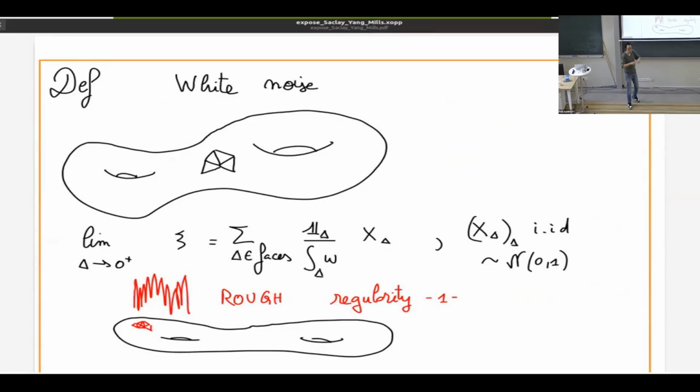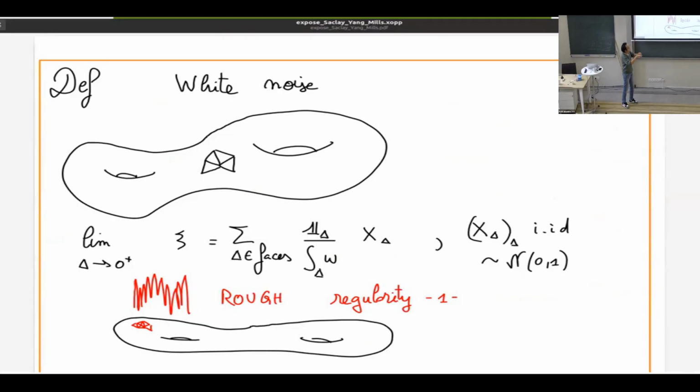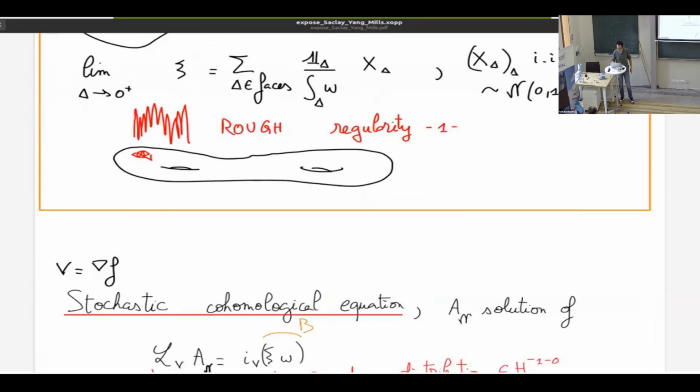You assume that your surface can be triangulated. For each triangle, you consider the indicator function of the triangle, you divide by the area of the triangle, and you multiply by an independent Gaussian random variable for each face. And then you let the size of the faces go to 0. This will converge to the white noise. So it's a very rough object. It's a random distribution of regularity -1 minus.